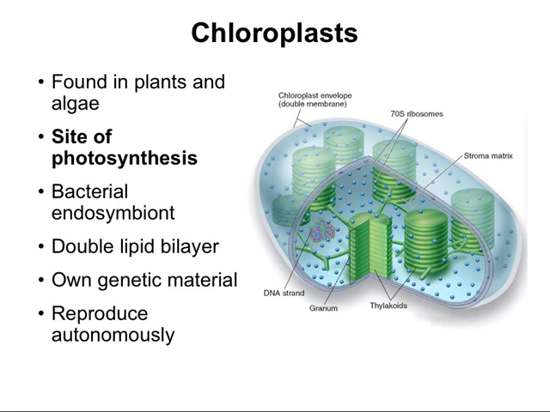So here is our outer membrane, and then the inner membrane is also highly convoluted and forms these thylakoid stacks or grana. So these are just convolutions of the inner membrane. Also, like mitochondria, chloroplasts contain their own genetic material and can divide autonomously.